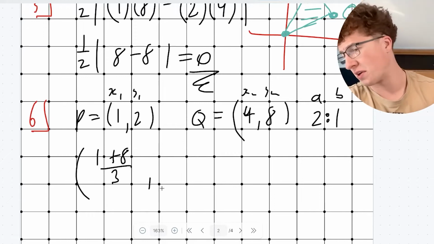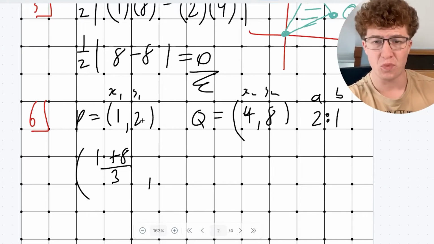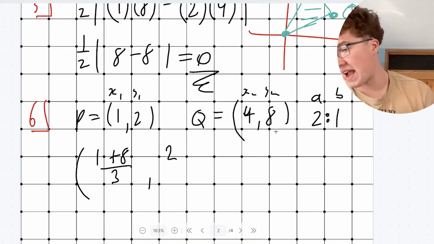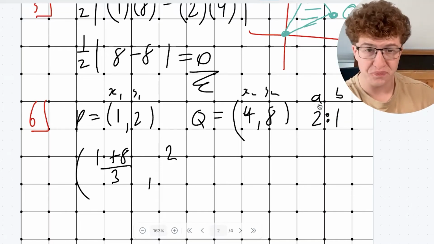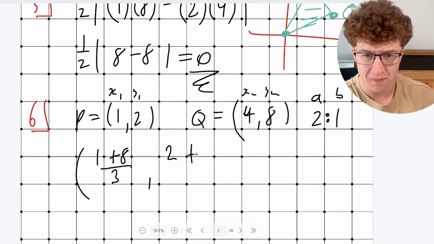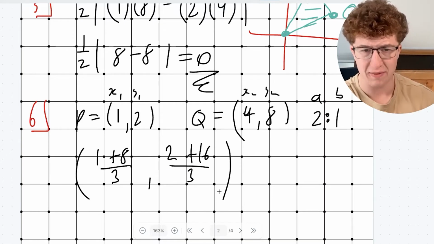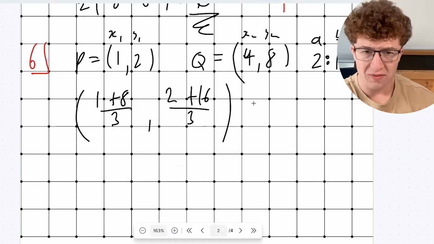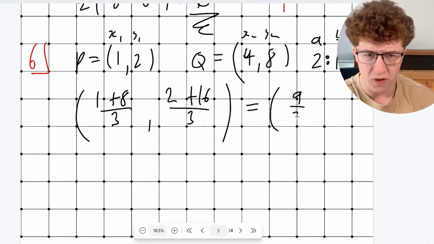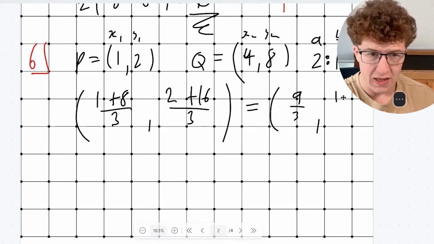So that's our first coordinate. And then we're going to have B times y1, which is 2, and then A times y2, which is going to be 16, all divided by 3 again, B plus A. So when we simplify that, we're going to have 9 over 3, comma, 18 divided by 3.